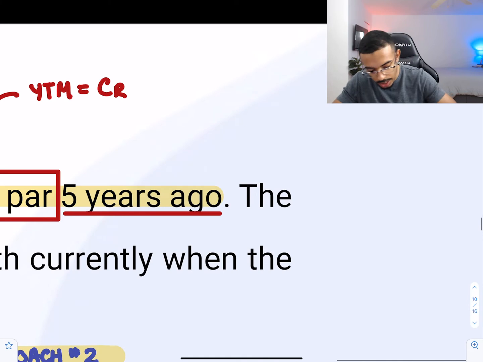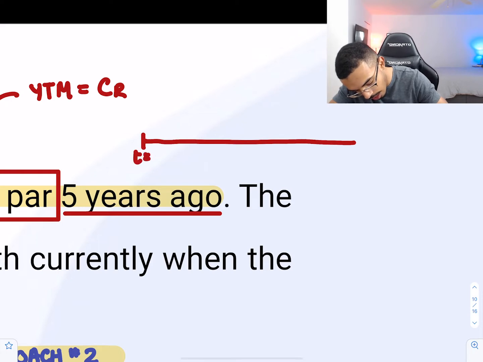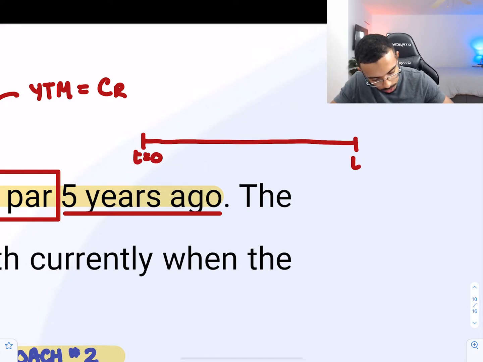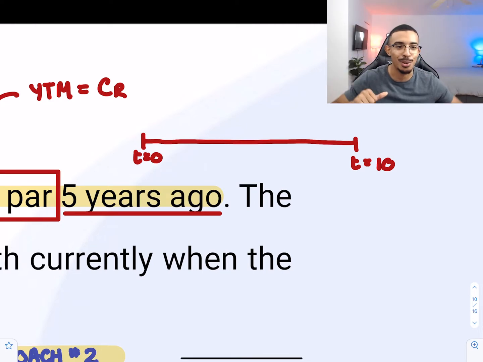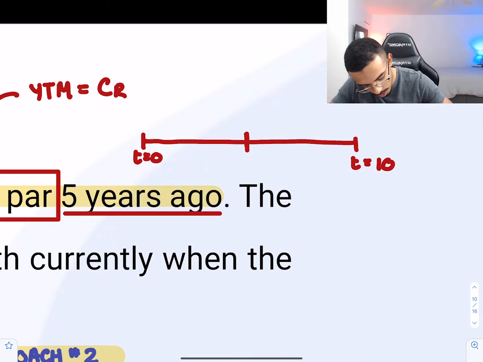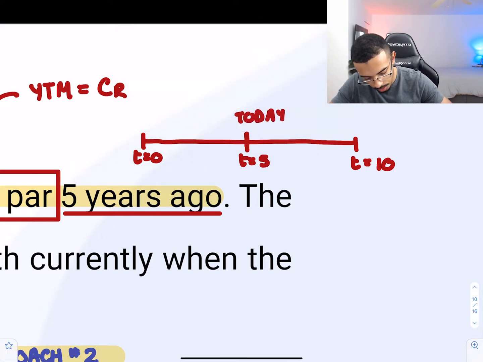If this was issued 5 years ago, this would mean that at T0, if we look at the whole lifespan of our bond from year 0 to year 10, because it's a 10-year bond, we know that today we're at T5 because it was clearly stated 5 years ago, all right?